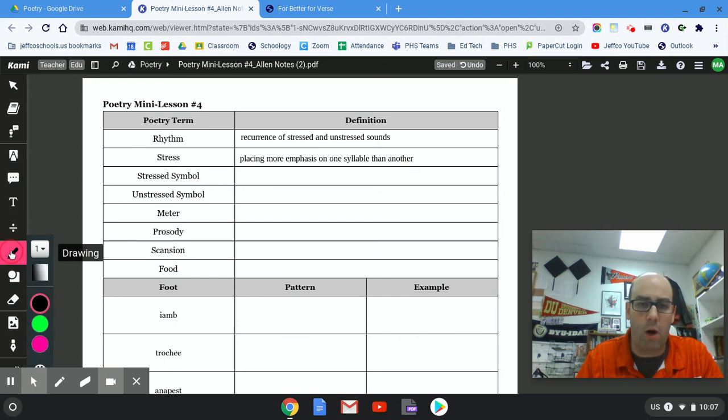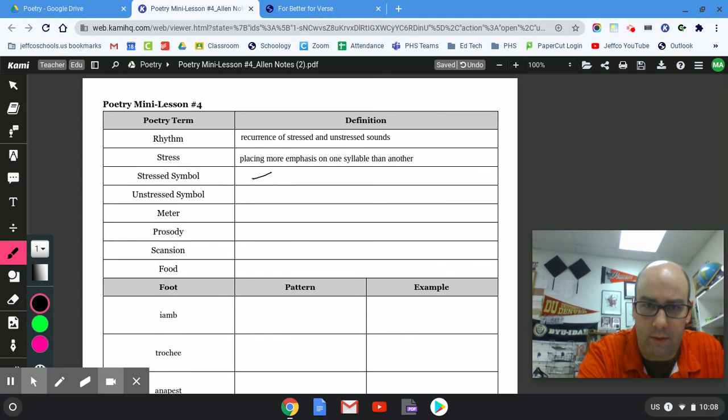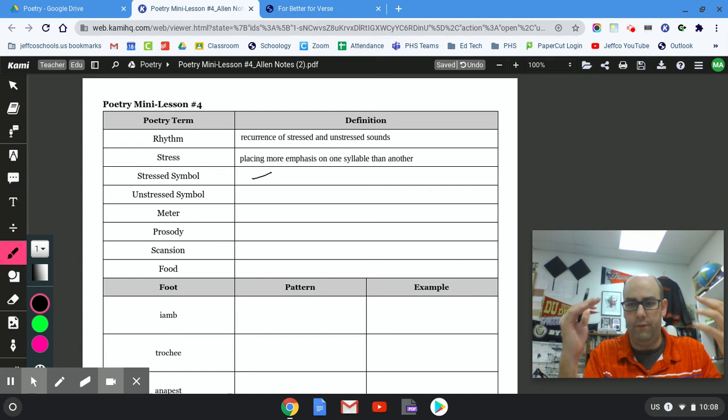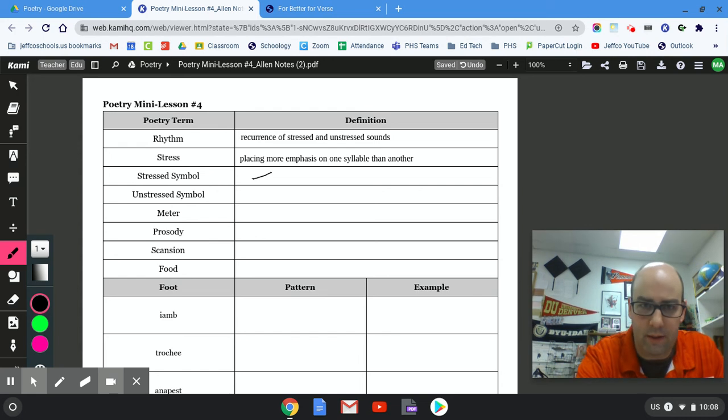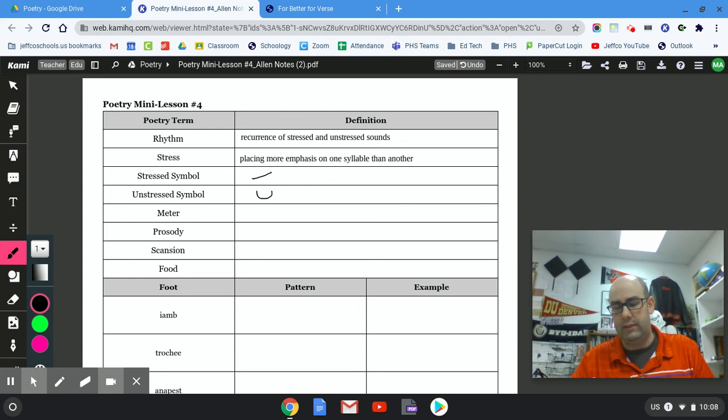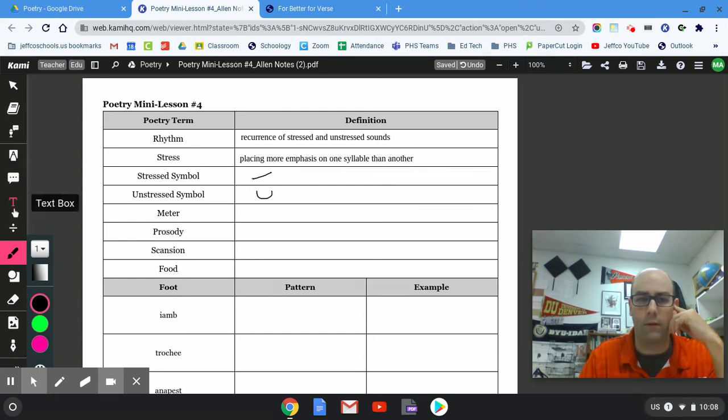So then we mark up stresses in lines of poetry when we're looking at rhythm. The mark that we use for a stress symbol is a little slash above a syllable in a line of poetry. And then for unstressed it's a U. So we have stressed and unstressed symbols. When we're marking a line of poetry, that's what we do.